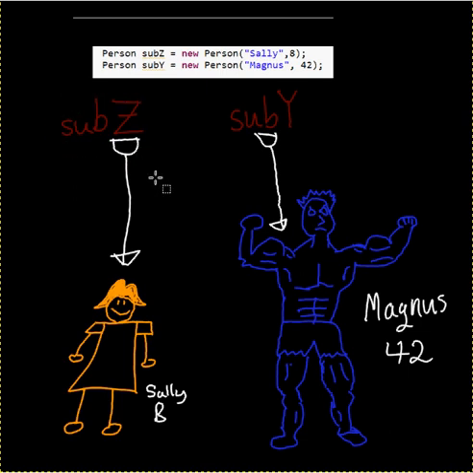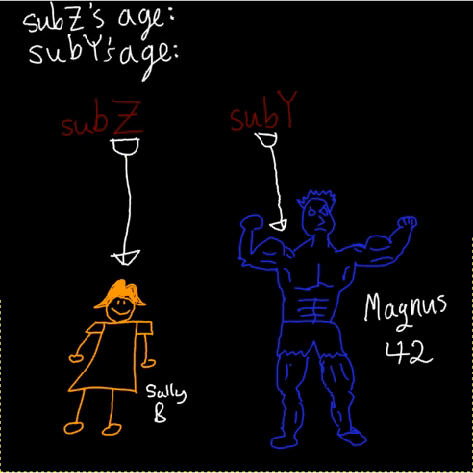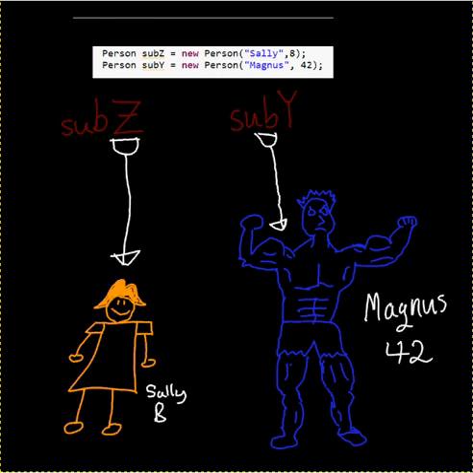Right now we can use sub z and sub y to find their ages and their names. We use these labels to access the information, because otherwise the information would exist, but we wouldn't know how to access it.